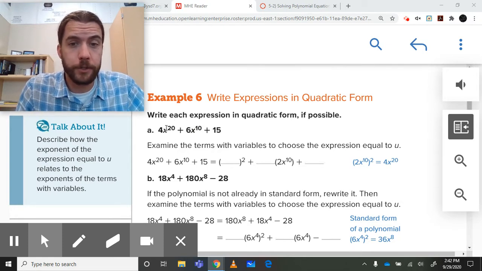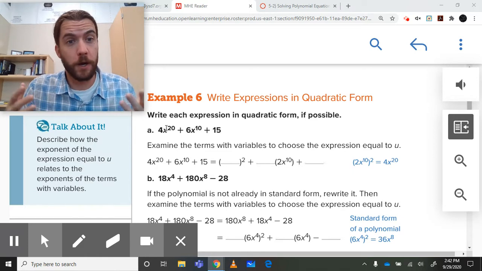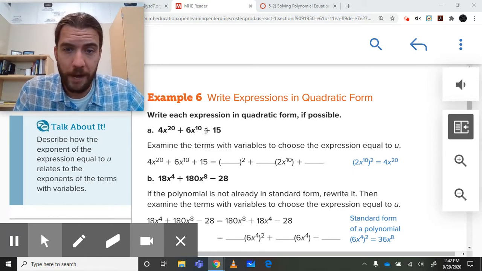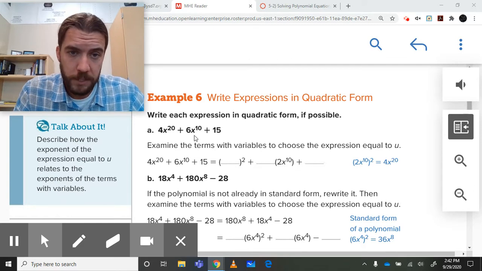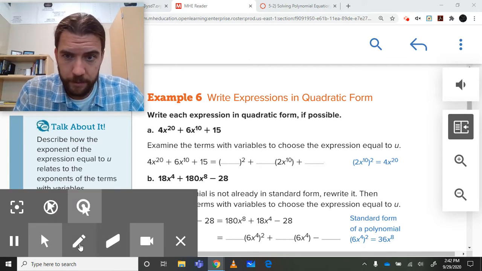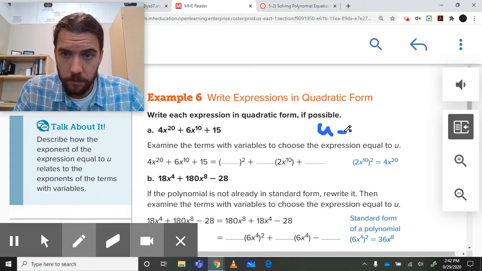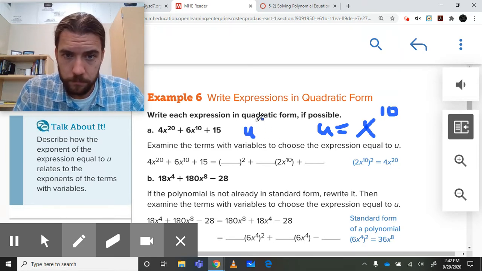So we get a situation that, if possible, yes, it is possible in this one, to turn it into quadratic form, which means that x to the 10th is going to be our u. Our u is going to be x to the 10th, which means that u squared would be x to the 20th.